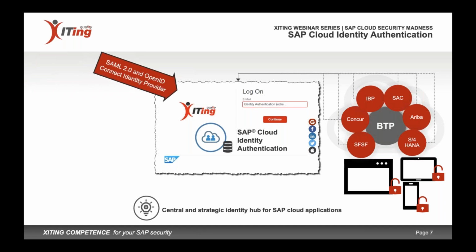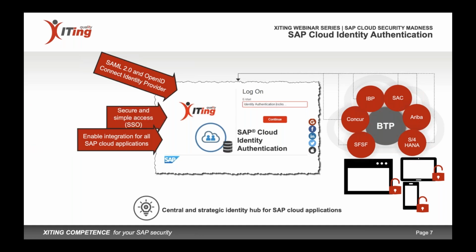And there we can have, of course, a SAML identity provider and also an OpenID identity provider. It also allows integration with all cloud applications. It provides you with a secure and simple access, meaning it also enables single sign-on scenarios.